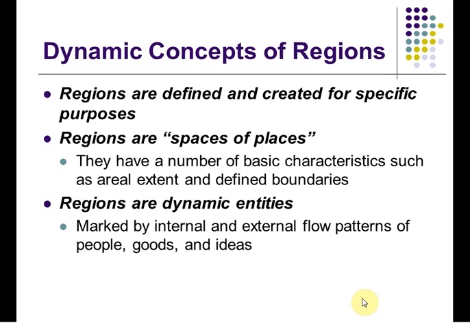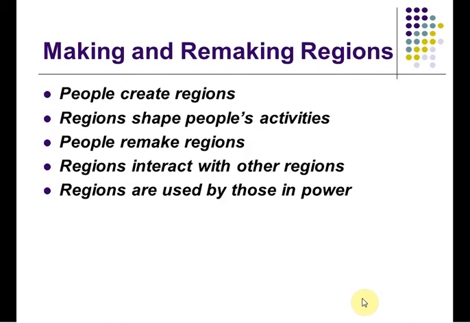As I said, regions are spaces. Regions are spaces of places. They have multiple characteristics that go into them. They're dynamic and they're often changing. People create regions. They remake them. Lots of things go into defining a region. And so the regions that we deal with in this class certainly are constantly in flux, but they are also fairly stagnant based on relationships of people.